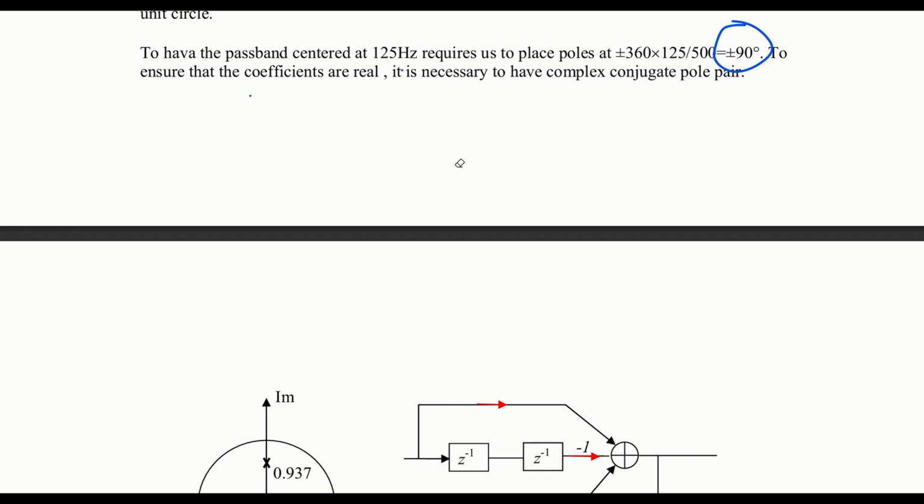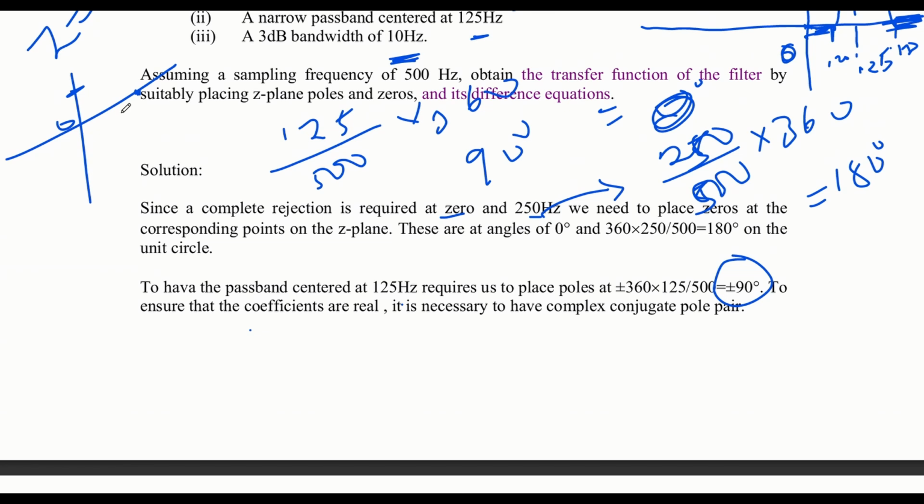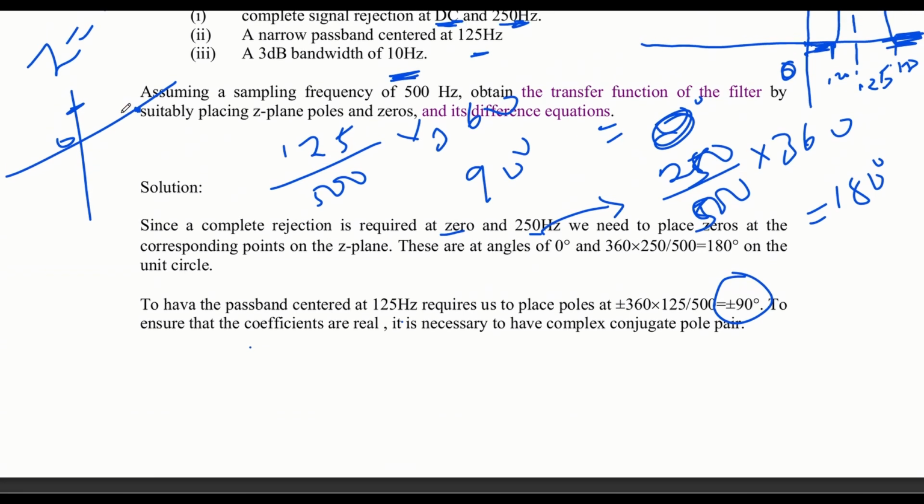But before that, one thing about the Z diagram is you have to remember that it's a unit circle, right? Zeros are placed on the unit circle because at that point the function is supposed to be completely attenuated.